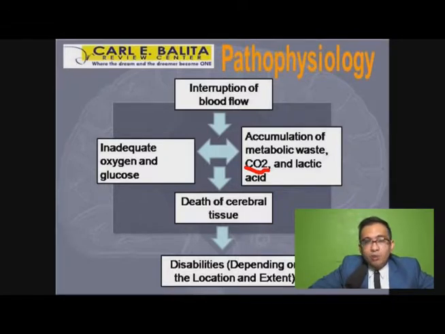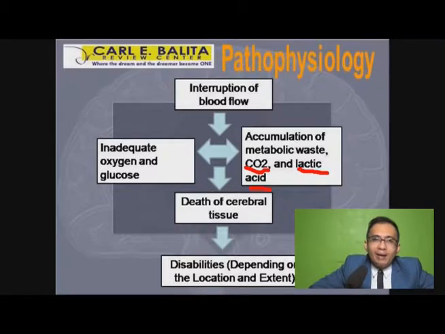Pag nagkaroon ng vasodilation, mas lalong makukulangan ng blood supply ang brain. At the same time, magkakaroon ng accumulation of lactic acid caused from your anaerobic metabolism. What do you mean by anaerobic metabolism? In the absence of oxygen. These are waste products. Pag sinabing waste products, hindi kailangan ng katawan.